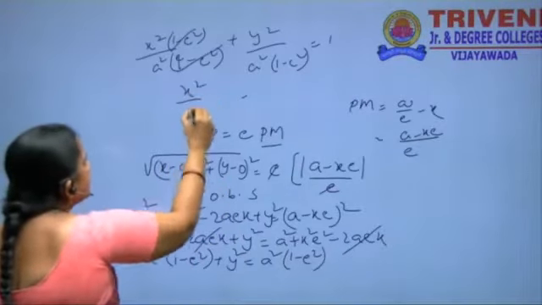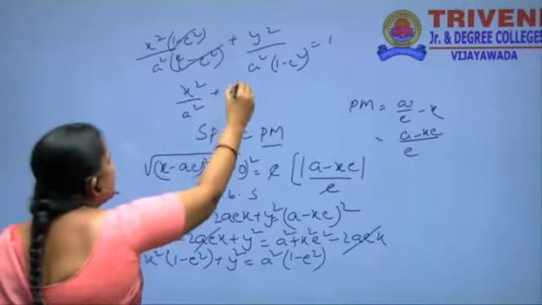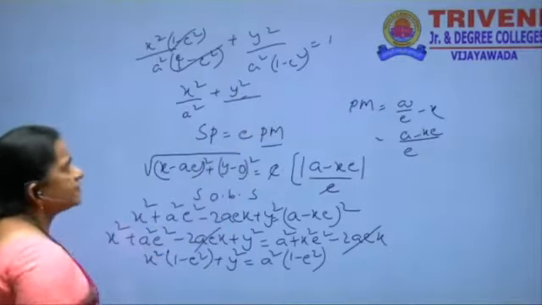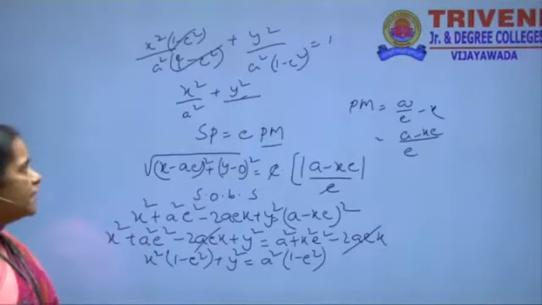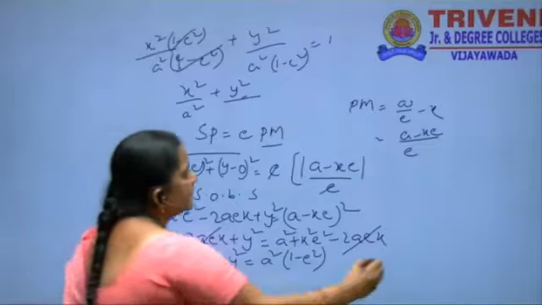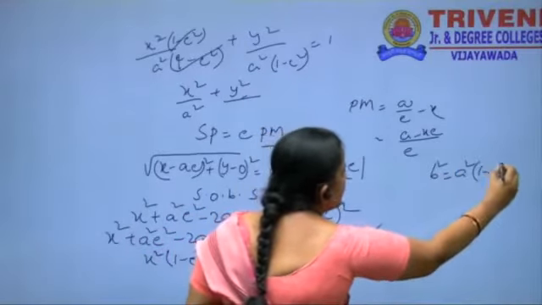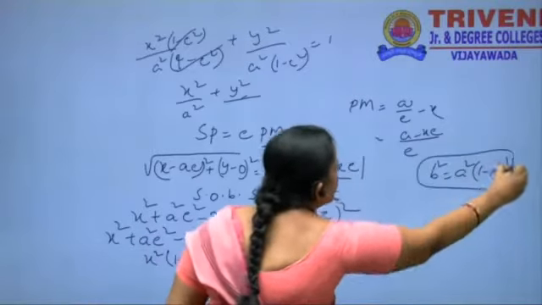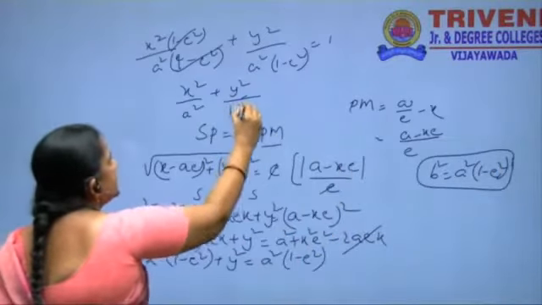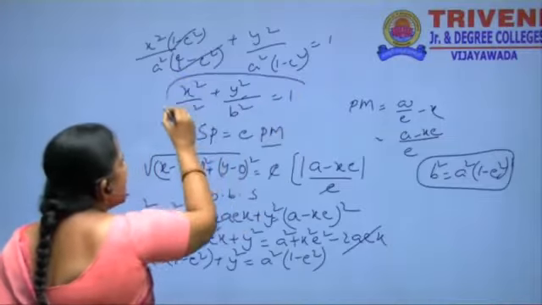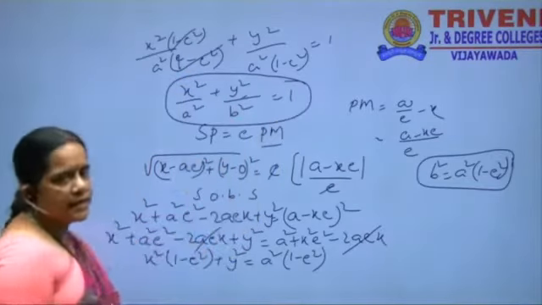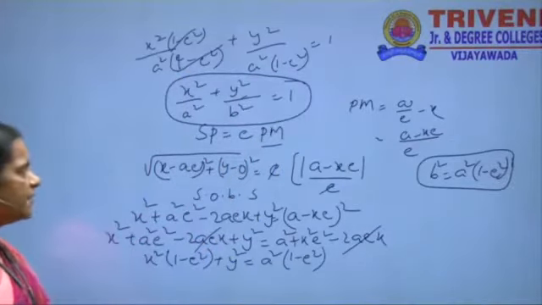Then x square by a square plus y square by b square, where we let the value of a square into 1 minus e square be equal to b square. Then substitute here. This is the standard form of the ellipse.